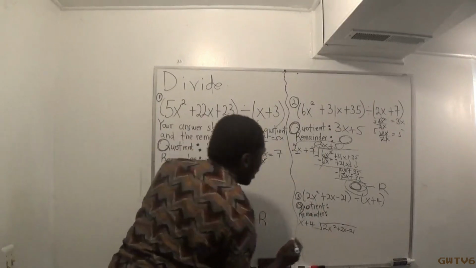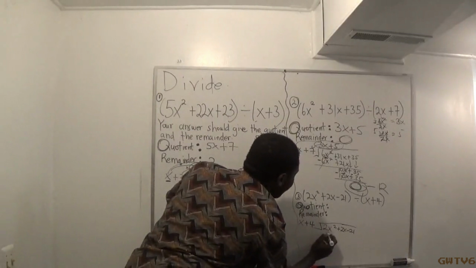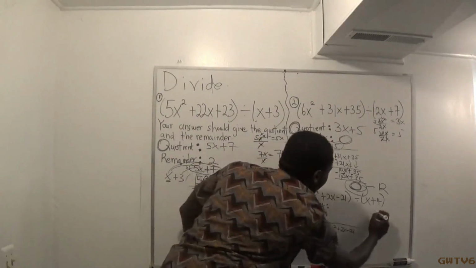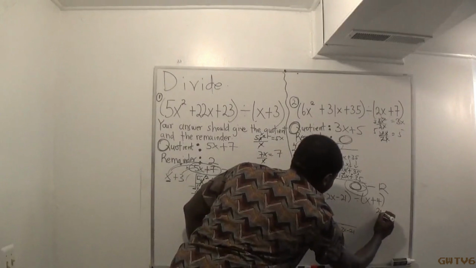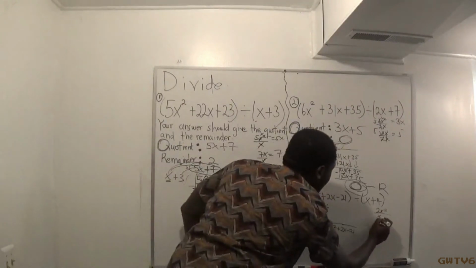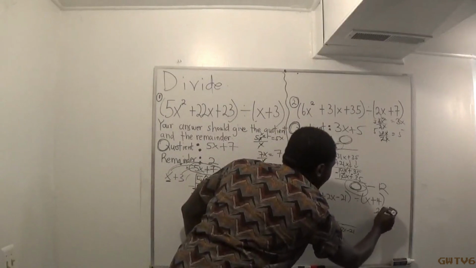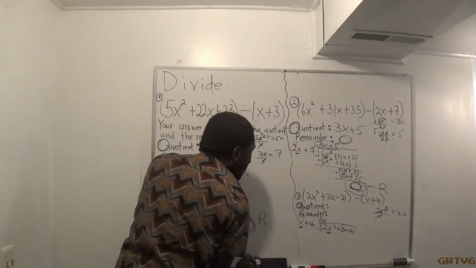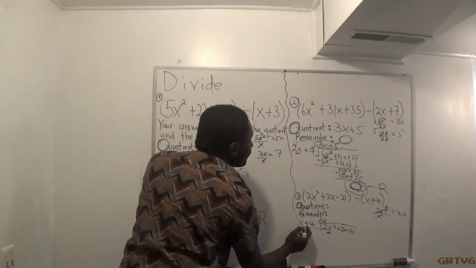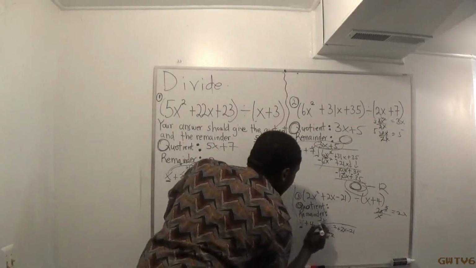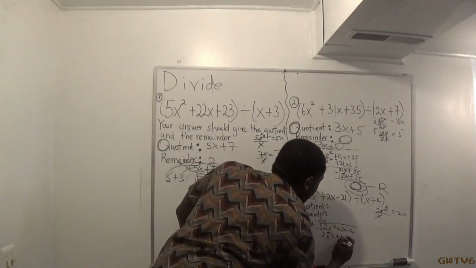And then I always do first to first. What I have inside divided by the outside, right? So I got 2x squared divided by x. One of the x will cancel one of these, so I have 2x. I put that right here, and then I take that and multiply by each one of these. 2x times x is 2x squared. 2x times 4 is 8x.